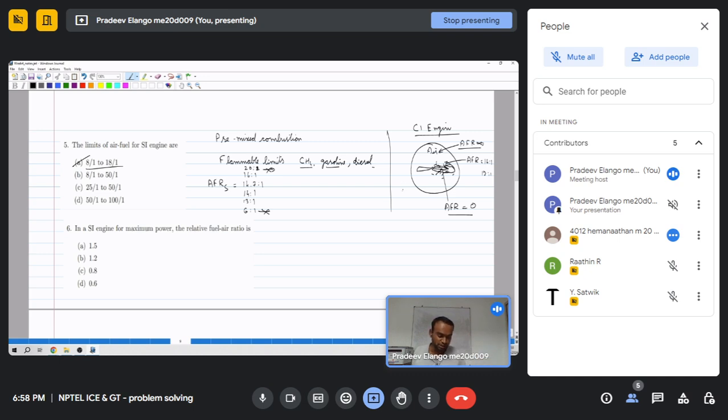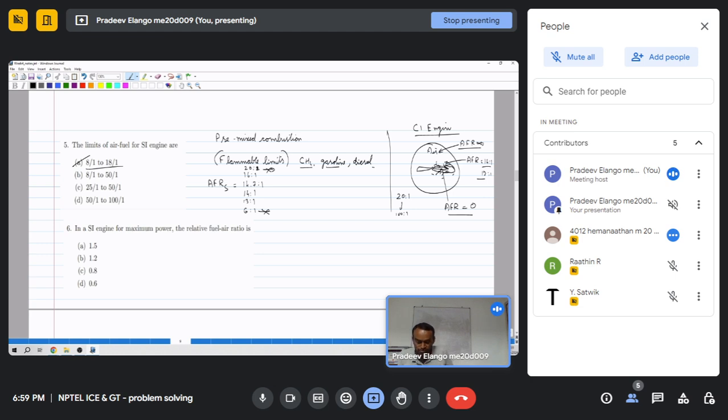So in case of CI engine, it can go from 20 to 1 to 100 to 1. Even at 100 to 1, the local air-fuel ratio is still around 14 or 12, where it can burn properly. But this CI engine phenomenon is much different than SI engine premix combustion, and we need to stick to the flammability limits of the fuel.